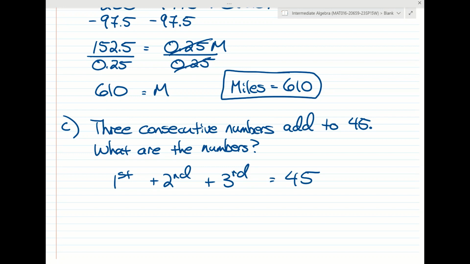Well, we don't know what the first number is. So in math, when we don't know something, we could just write X. What would be an expression for that second number? X plus 1, right? If the first number is 5, the next number would be 6. So you add 1 to the previous number. And what about the third number? X plus 2, right? That would make sense.